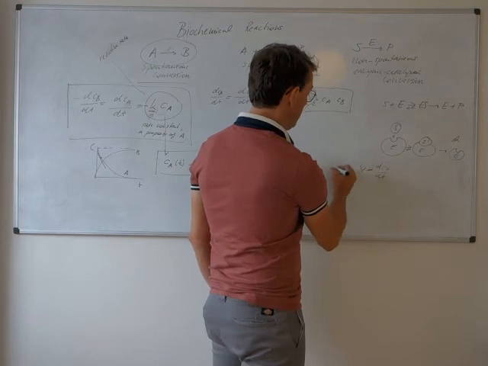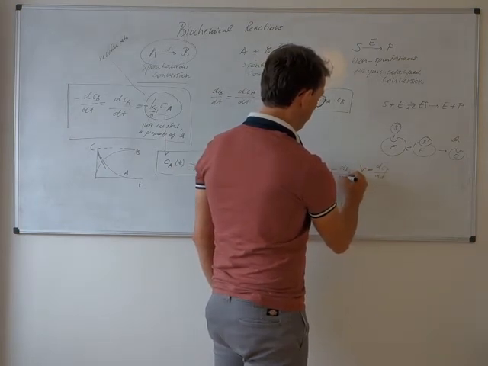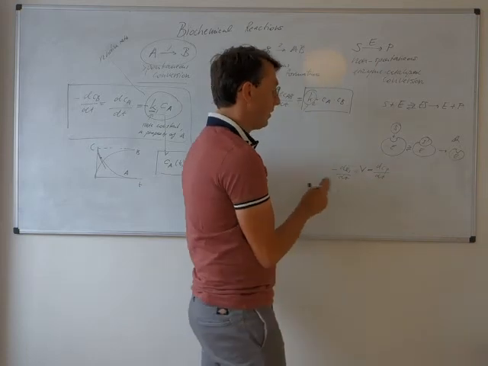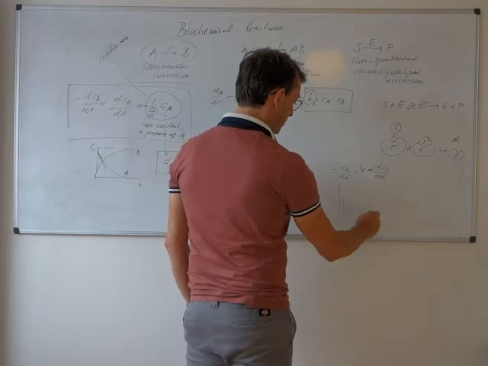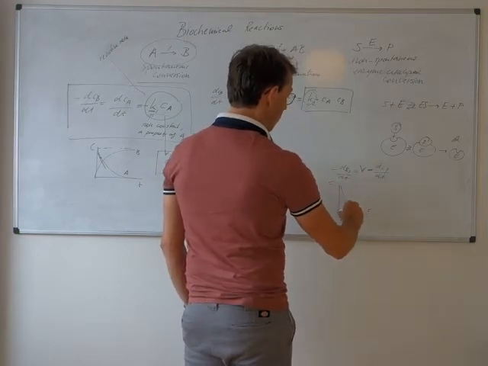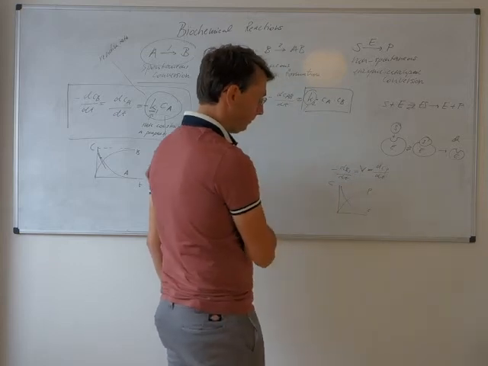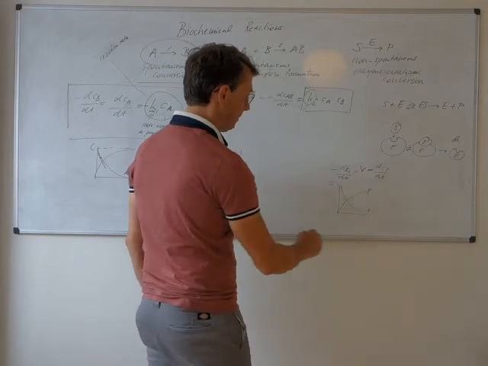And that is going to be equal to the loss of S molecules, because one S gives one P. So the rate of the reaction can either be observed by looking at the concentration of S, which is going down, or by the gain of P.